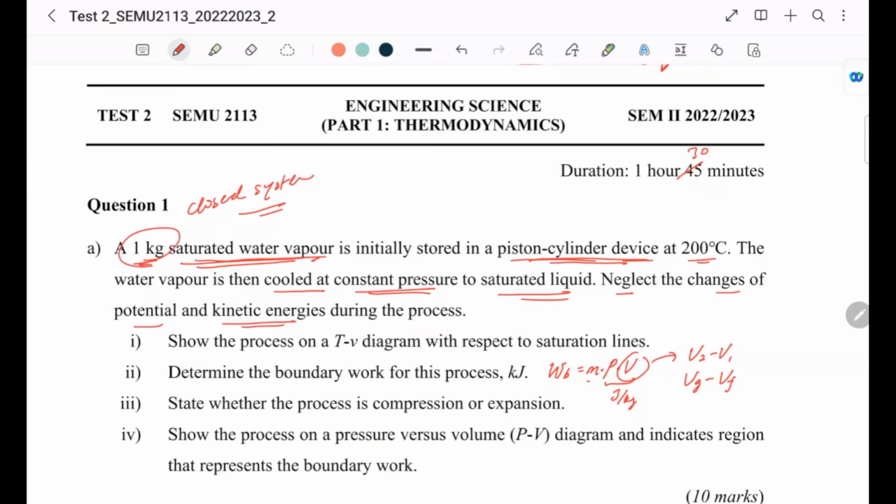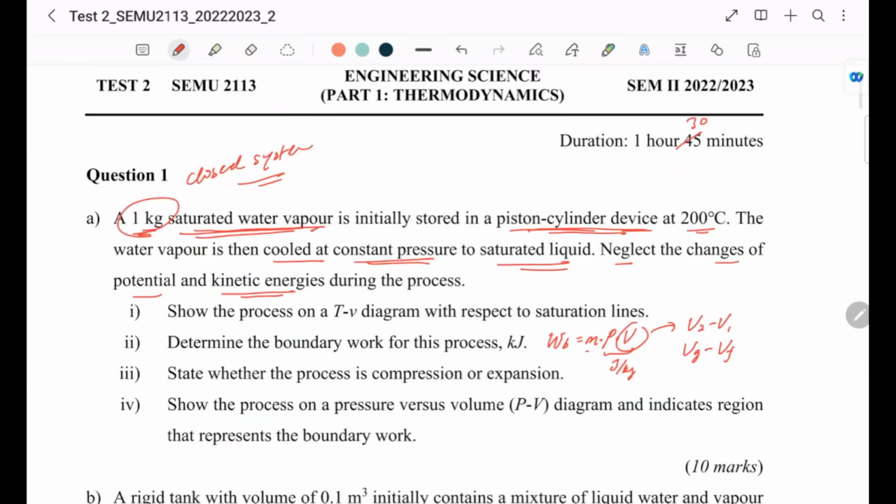For 1 kg. Then determine whether the process is compression or expansion. You just have to look at whether V2 is larger than V1. If it's larger, then it's expansion. If it's smaller, it's a compression.